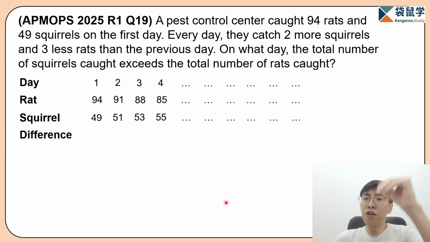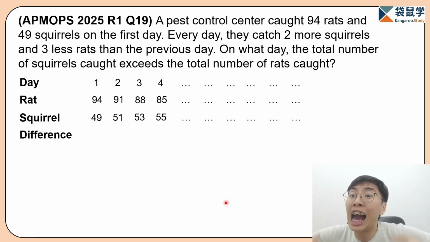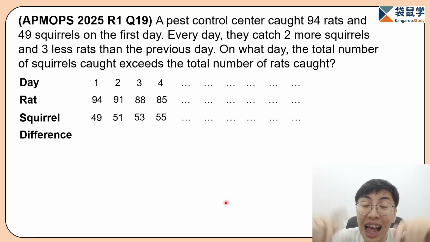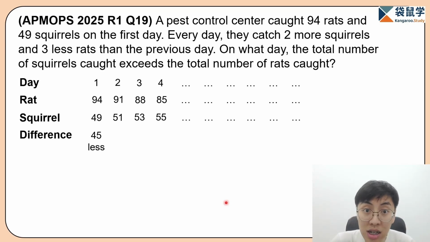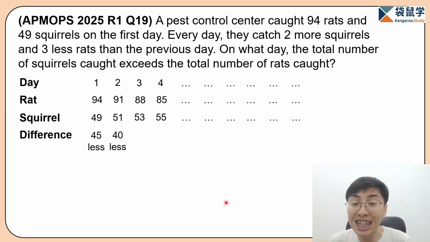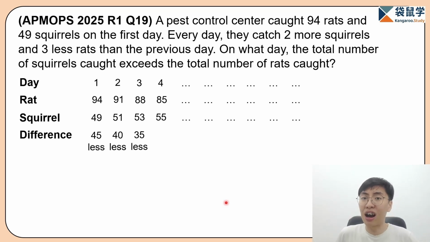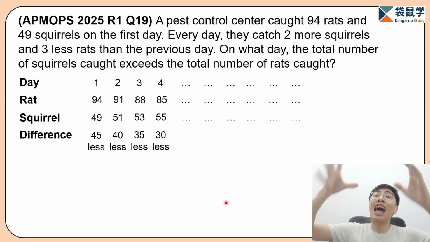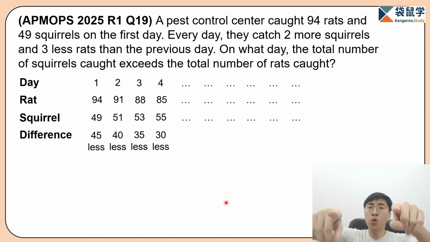Let's see. From the first day, the number of squirrels is actually 45 lesser than the number of rats. On the second day, it is 40 less than it. On the third day, 35 less, and then 30 less, and so on. Do we see the pattern now?